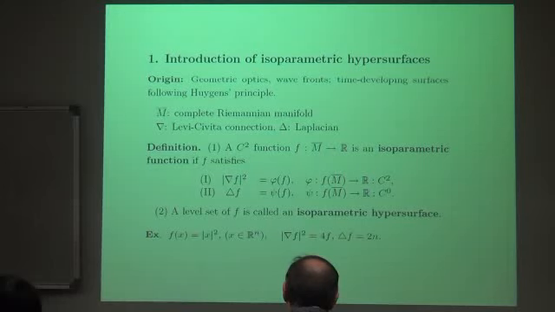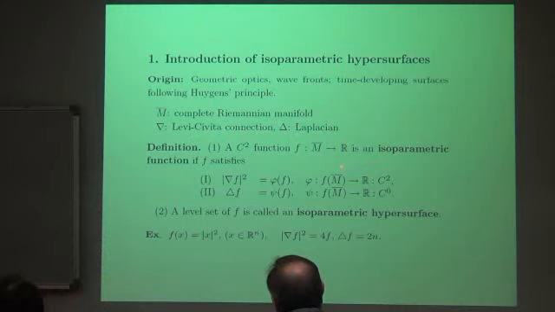In general, an isoparametric function is defined on a complete Riemannian manifold, but in this talk I mainly consider M bar as a sphere. So let's consider M bar, a complete Riemannian manifold with Levi-Civita connection and the Laplacian.